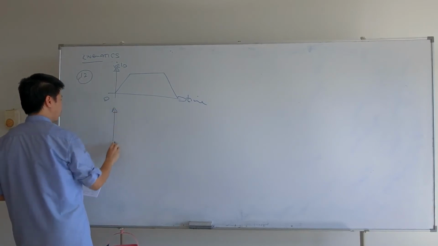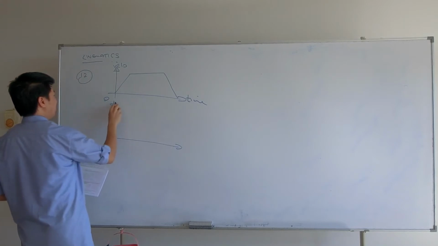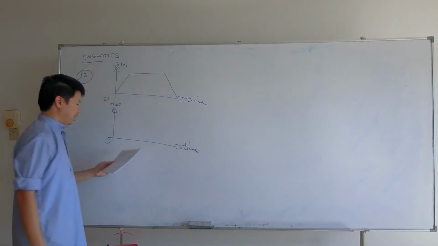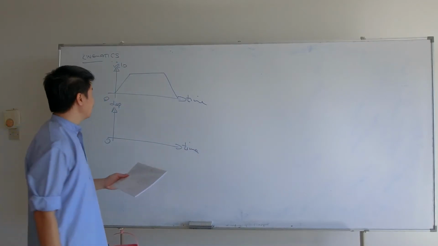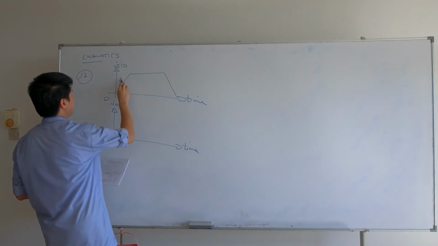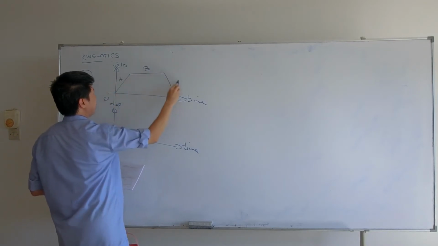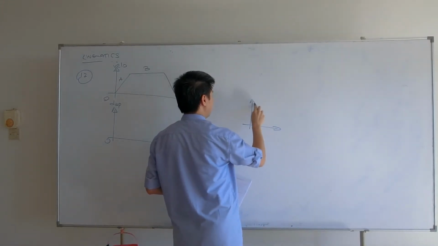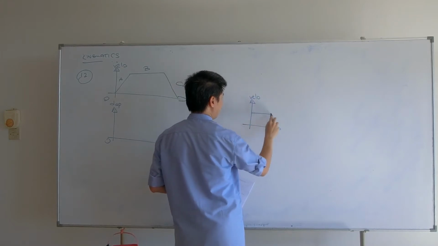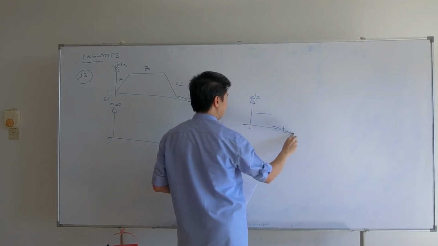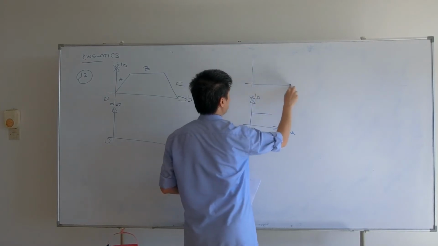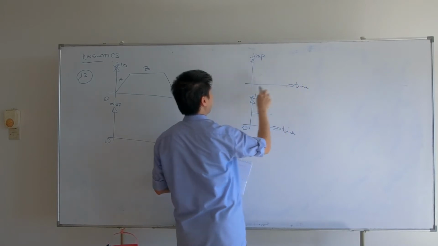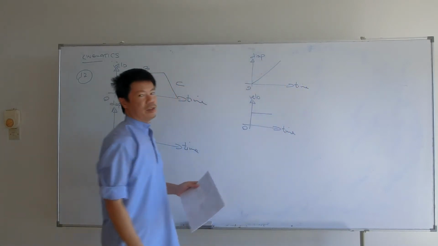So we have to identify the displacement time graph. The easiest to identify here, let's just label this gradient A, this B, and this C. B is the easiest because we know from a velocity time graph, if velocity is constant, that means the displacement time graph would be a constant slope.